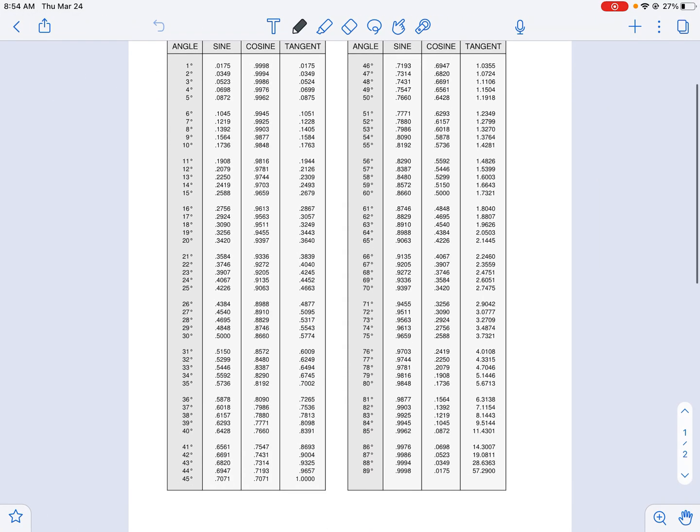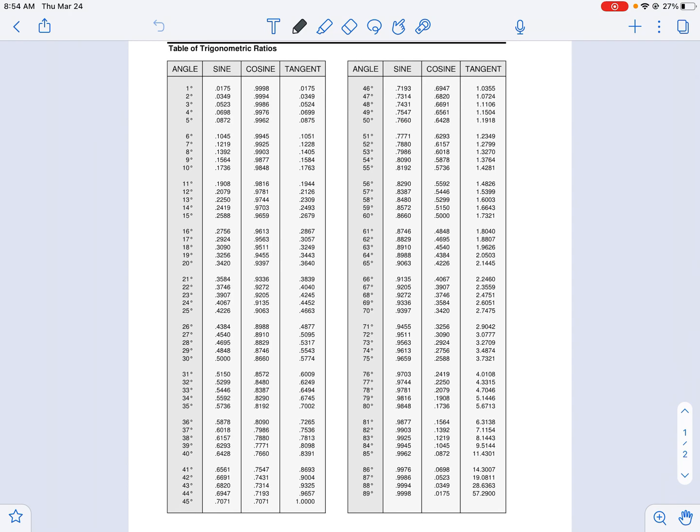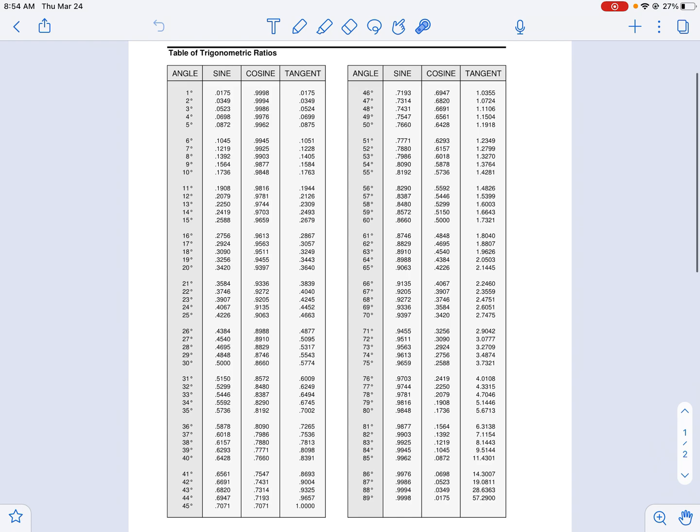This is the trig chart right here. This is going to save your life. Instead of having to deal with the calculator and the settings, you're going to use this trig chart, and it makes it so much easier. You don't have to deal with the hassle of the calculator. It's going to take away some stress as we begin solving problems here.